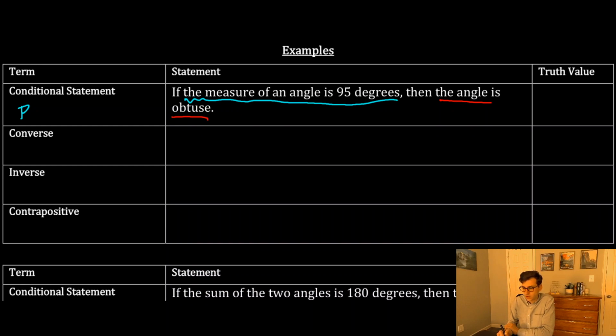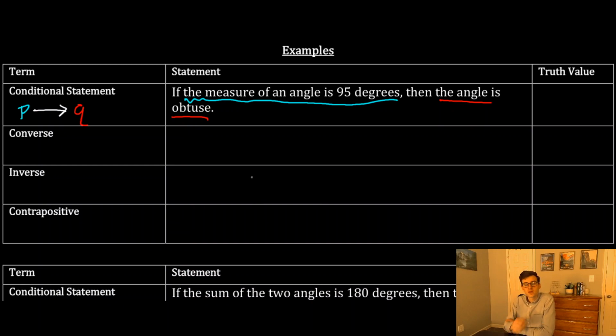So then we would write that P arrow Q, right? If the measure of an angle is 95 degrees, then Q, the angle is obtuse.